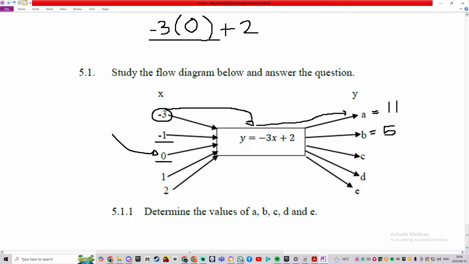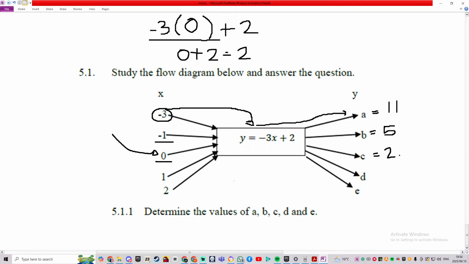So you must first put 0 in the x position. Then what? You must times it. What is minus 3 times 0? What is anything times 0? 0, sir. So 0 plus 2 equals what? 2. So c is equal to 2.